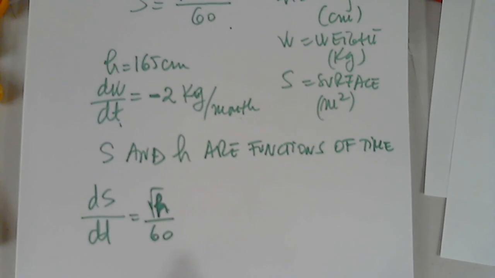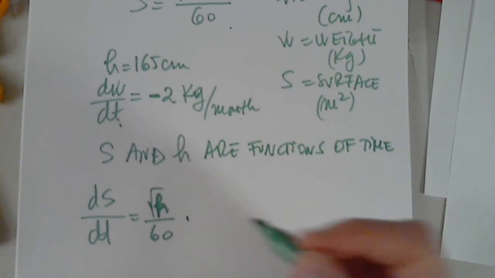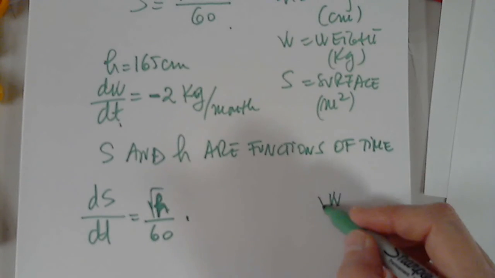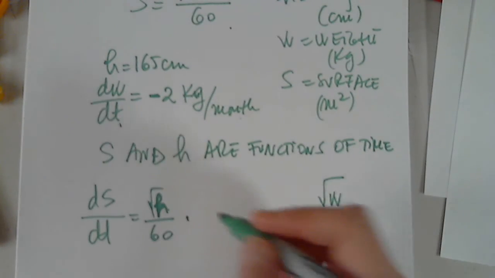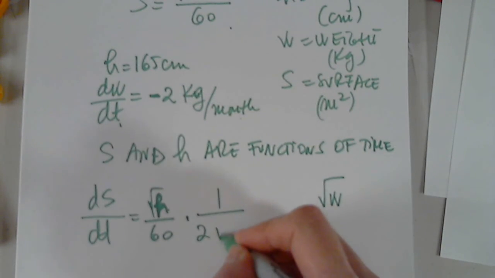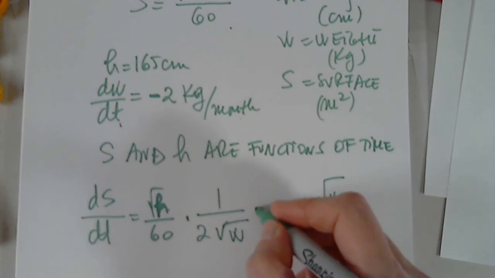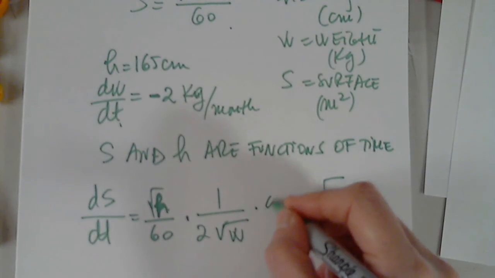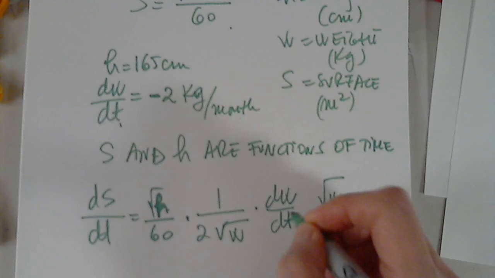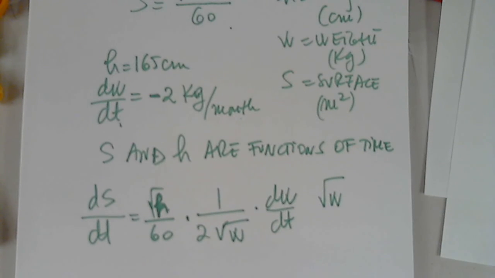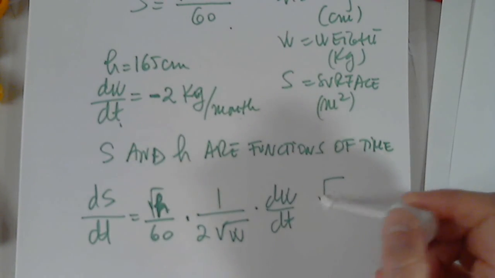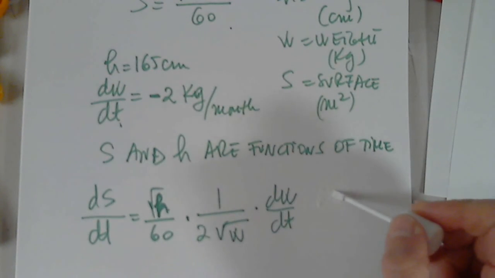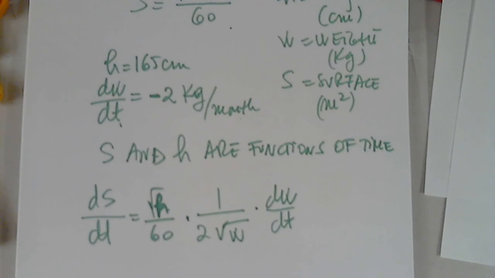I'm not going to bother with that, that's a constant. What I do have is W with the square root on it. And we know that this is 1 over 2 the square root of W times W prime, which is dW over dt.